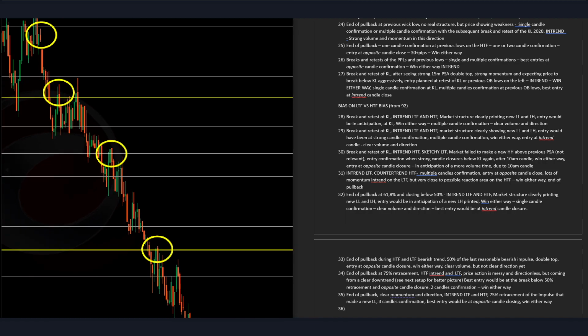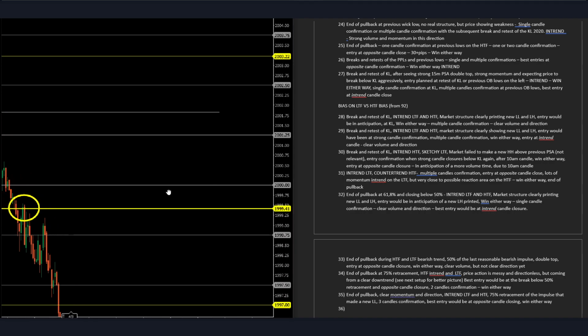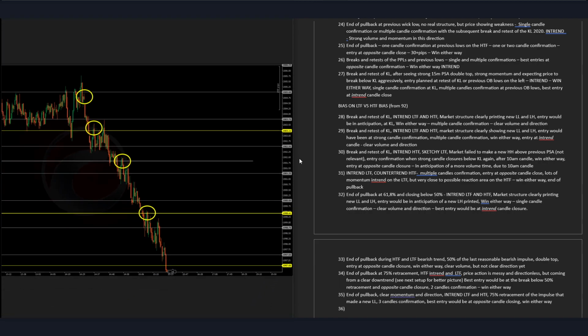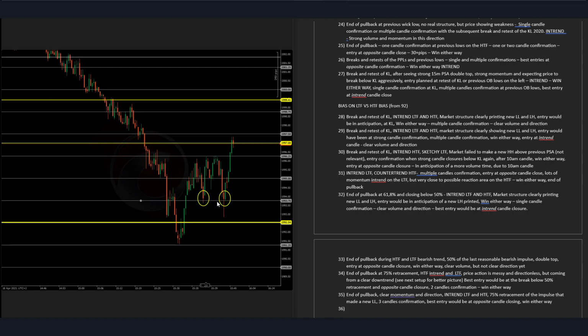But we have all these candles retesting, and the entry at the bullish candle in anticipation is so nice that I wanted to highlight it. Key level, this is 2000, not exactly 2000, but yeah. That was I think a 4-hour PSA.